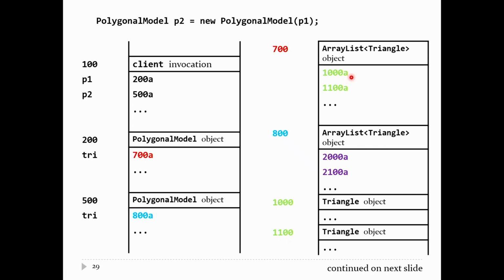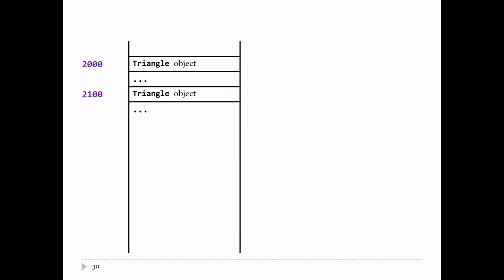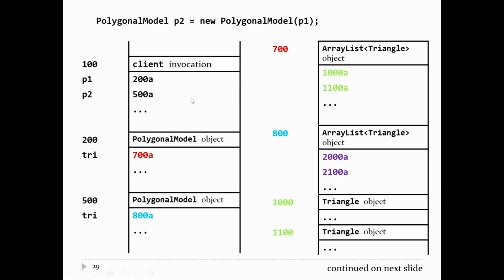The first list has references to the two triangles here, and the second list has references to the two triangles on the next slide. And so now we've got two models, two lists, and four triangles. In other words, each model has its own triangles.